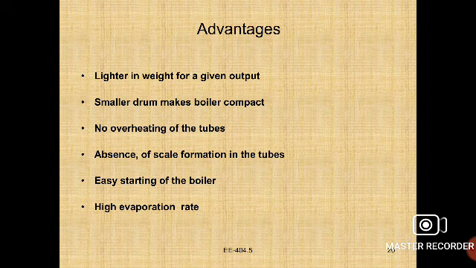There is no overheating of tubes, which means we can supply the maximum amount of heat to the boiler. Again, absence of scale formation in the tubes, so scale formation will be reduced. And easy starting of the boiler.